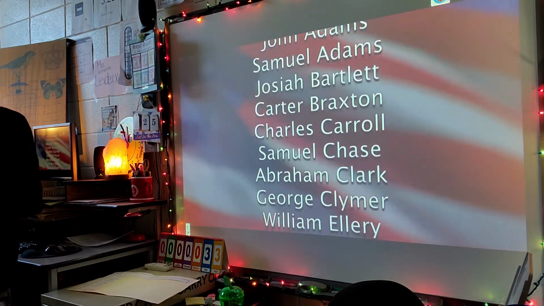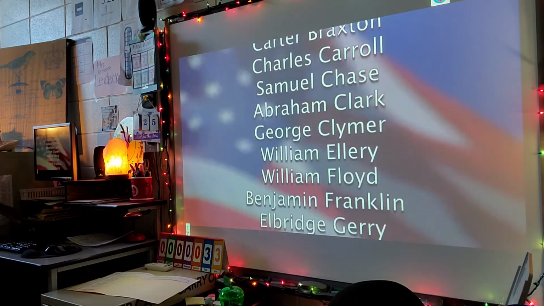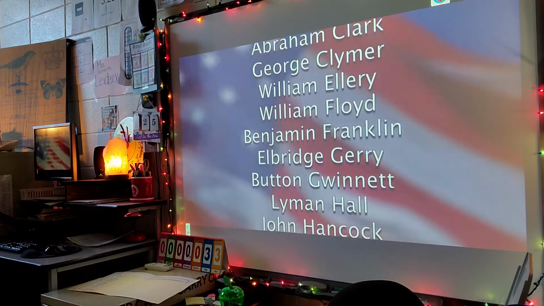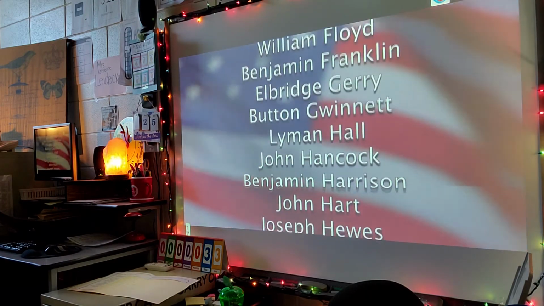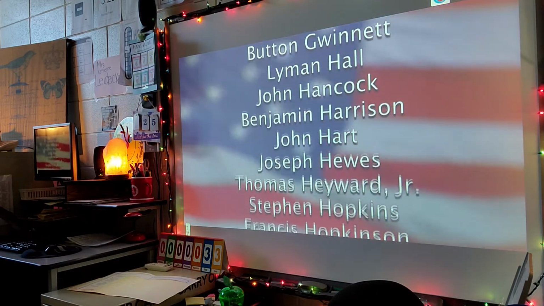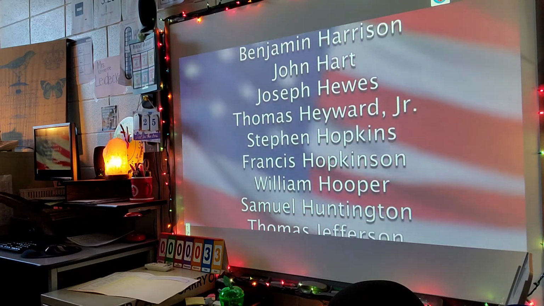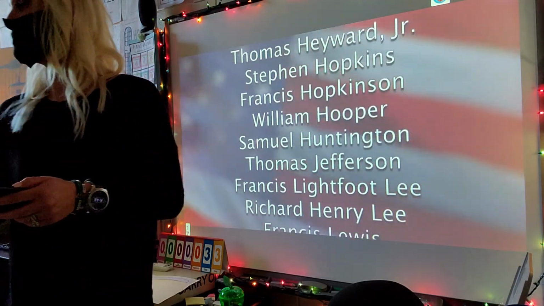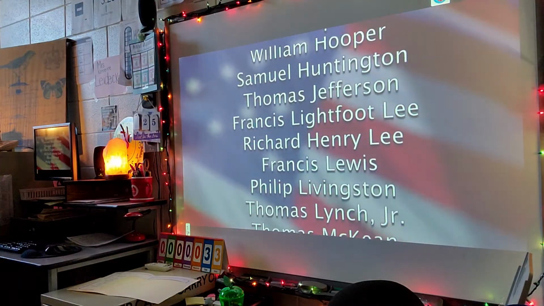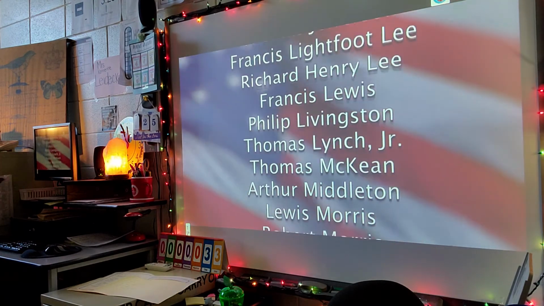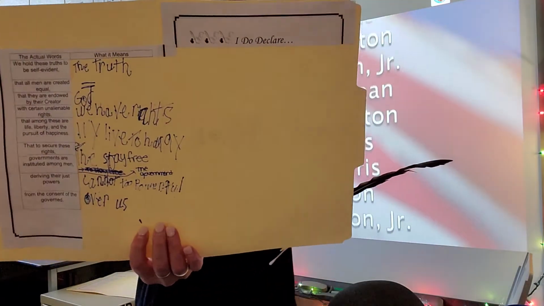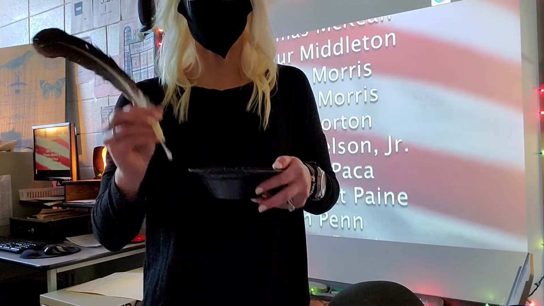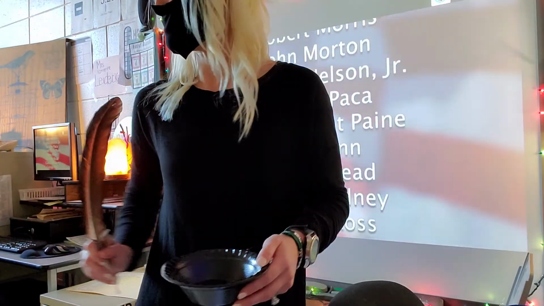They all signed their name on it. And these are all the men. So what we're going to do is take our Declaration of Independence, and all the students are going to write their name on the Declaration of Independence.